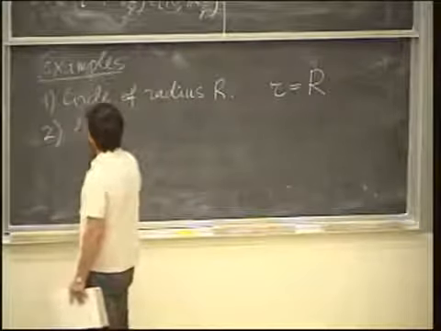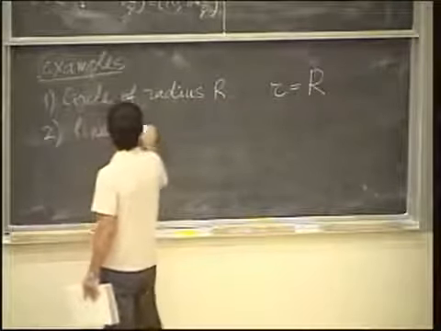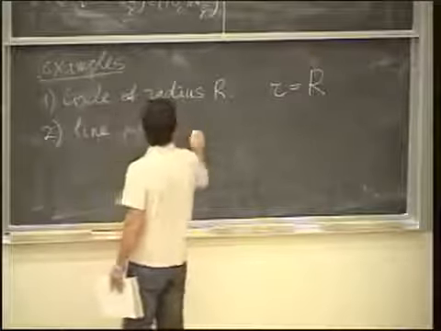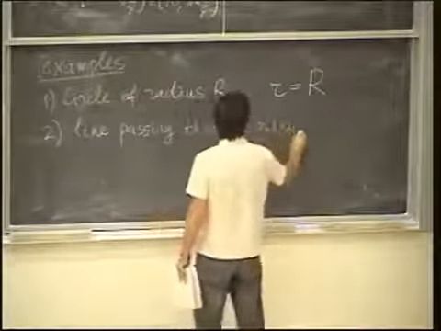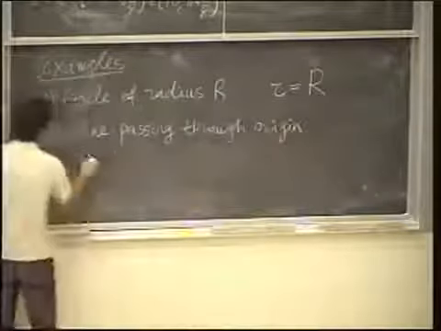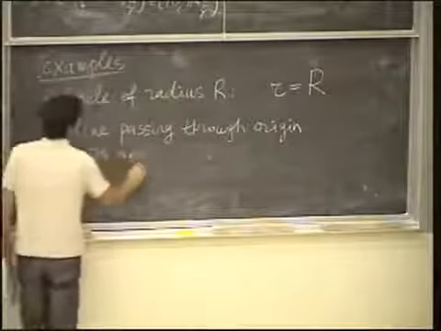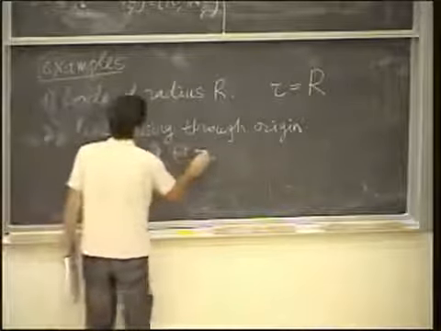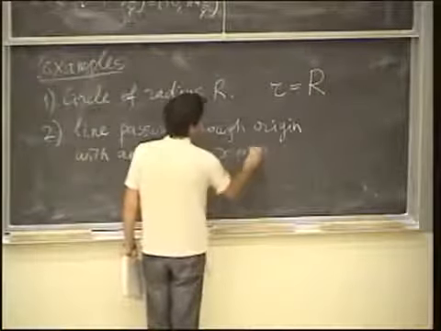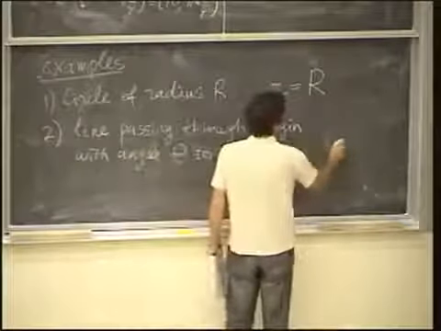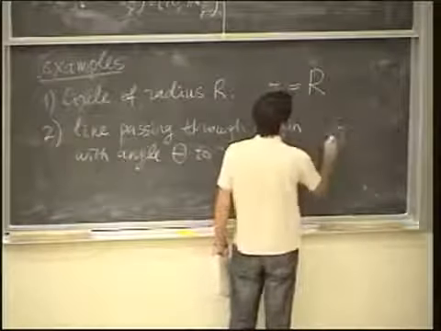A line passing through the origin with angle theta to the x-axis is also given by a very simple equation, namely now theta is a constant.